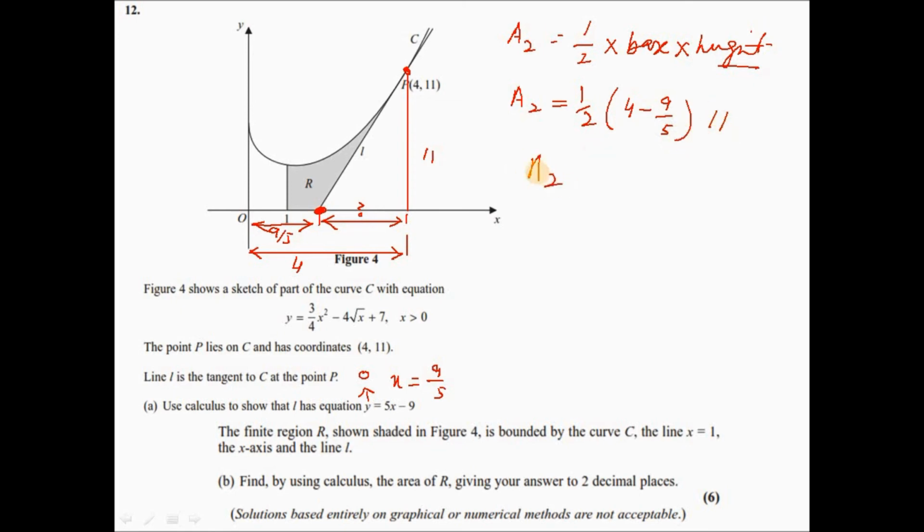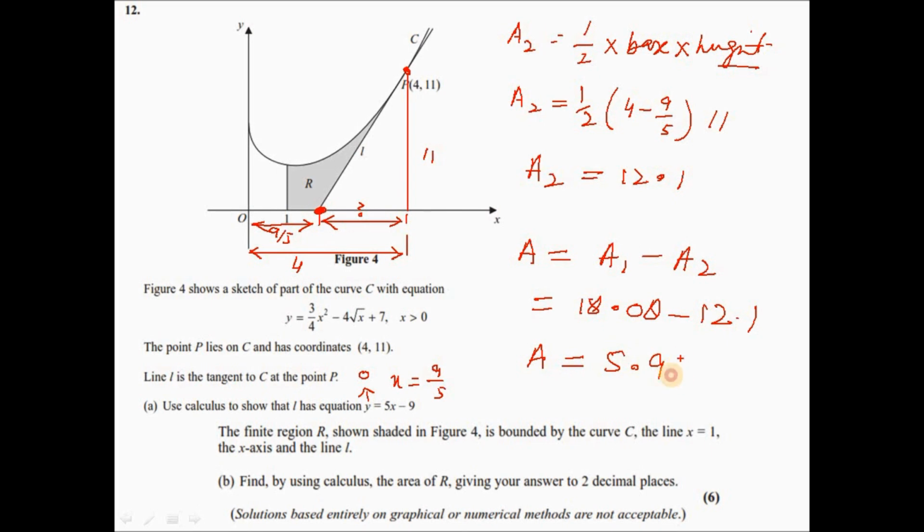So A2 is 12.1. Finally, the area of the shaded region A is A1 minus A2, meaning 18.08 minus 12.1. So A is equal to 5.98. This is the area of the shaded region.